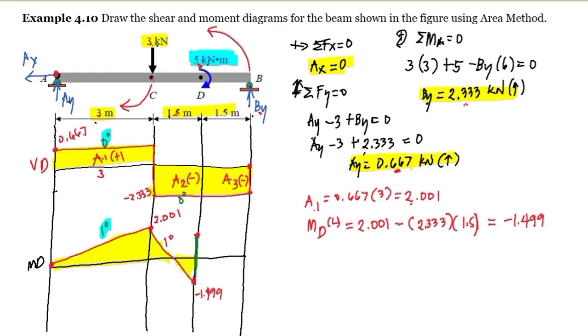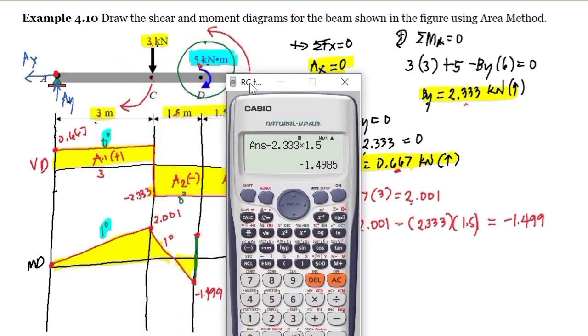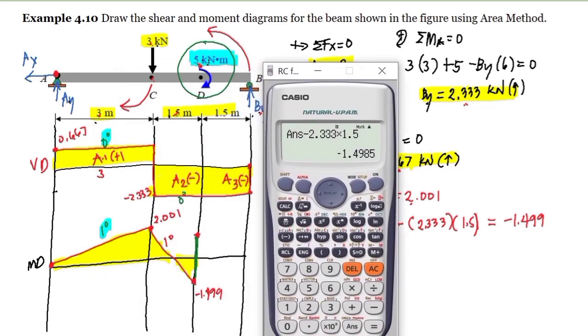Vertical po yung effect ng given moment or couple. So, we have this last answer na negative 1.499. So, negative 1.499 plus 5. And that would be equal to 3.501.